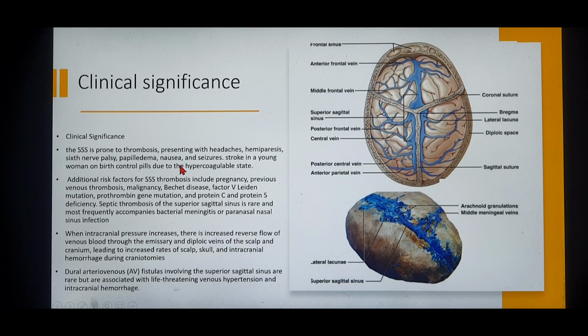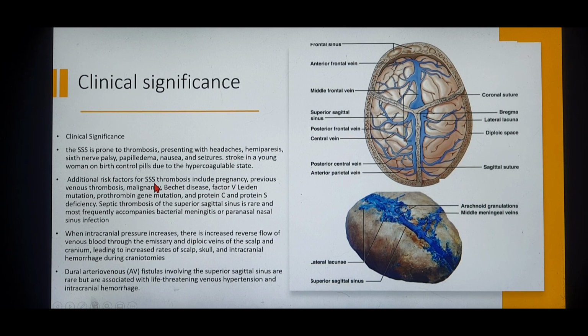You must have seen a female who takes a lot of contraceptive pills, OC pills. They are really prone to a stroke because it leads to thrombosis in the superior sagittal sinus, which may lead to loss of consciousness for a few days to weeks. So that you have to prevent. That point is very important.